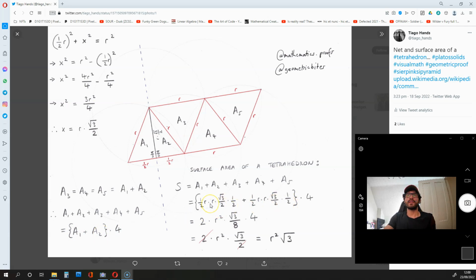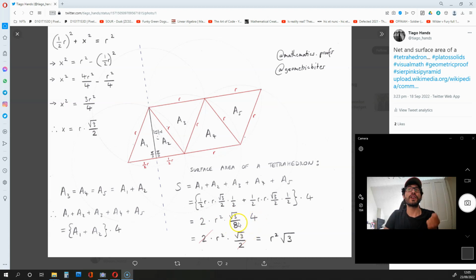For A1, we are going to get r squared times root 3 over 8. And that's the same for A2, okay? So inside these brackets over here, we have 2 times r squared times root 3 over 8. And we're going to multiply that by 4.